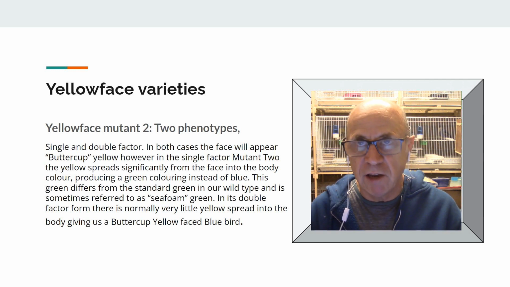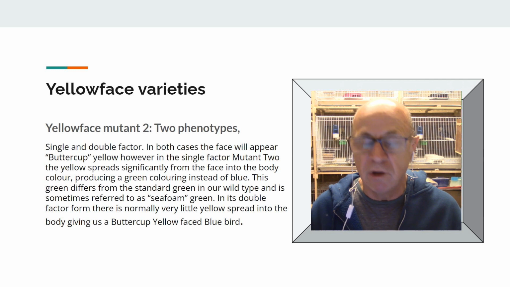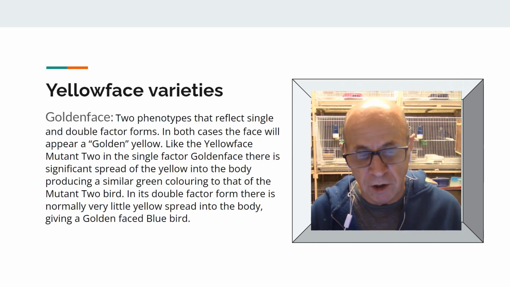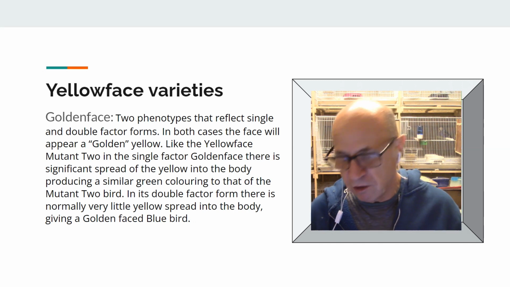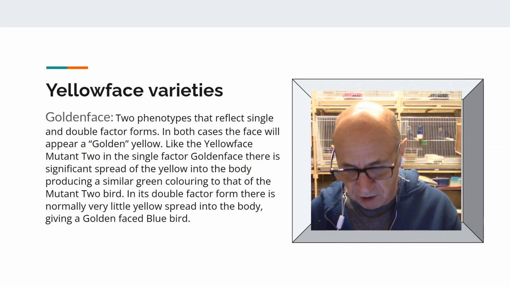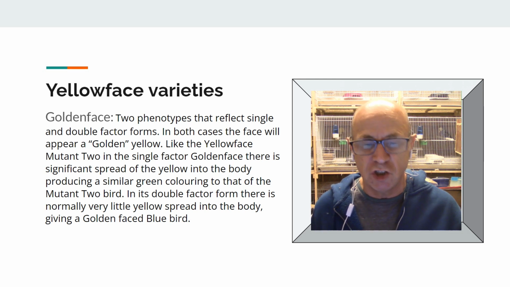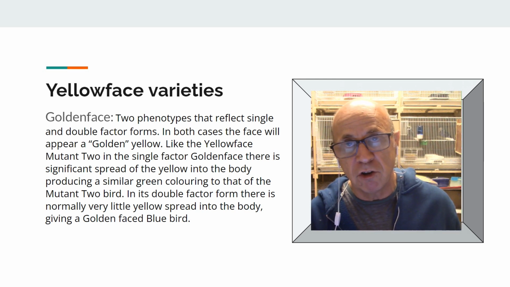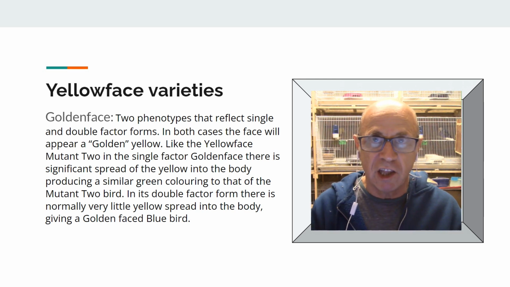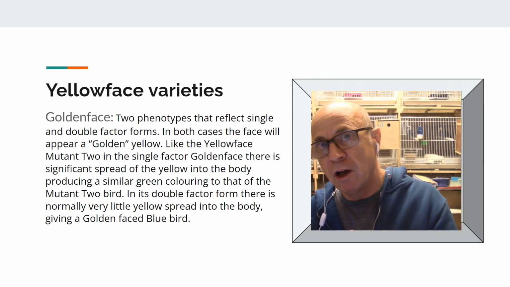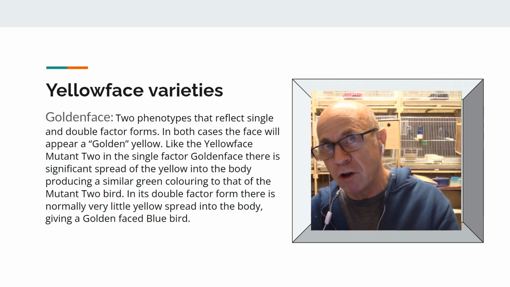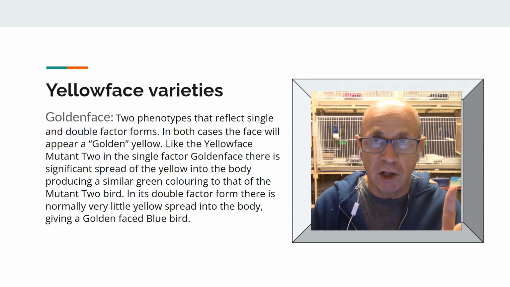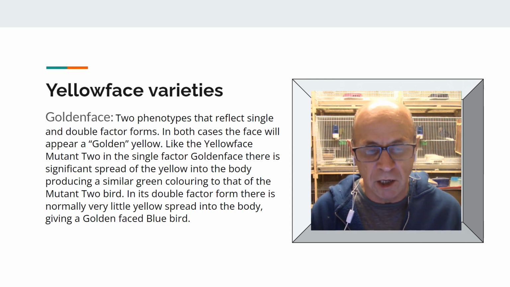So it gives us in effect a buttercup yellow face blue bird, so slightly darker face than the Mutant 1. So that's the Yellowface Mutant 2, and the final variation is the golden face. Once again, similar to the Yellowface Mutant 2, there are two phenotypes, and here we can see that the Mutant 2 golden face, two phenotypes, Mutant 1 single phenotype, so there is a distinction beginning to appear here.